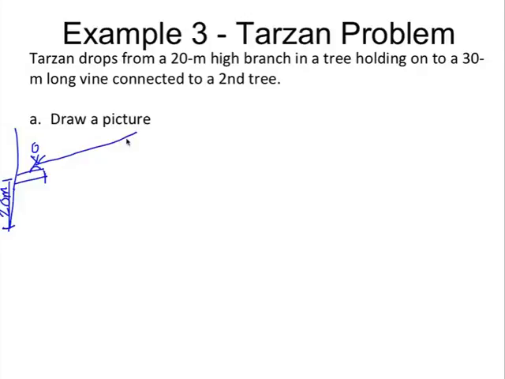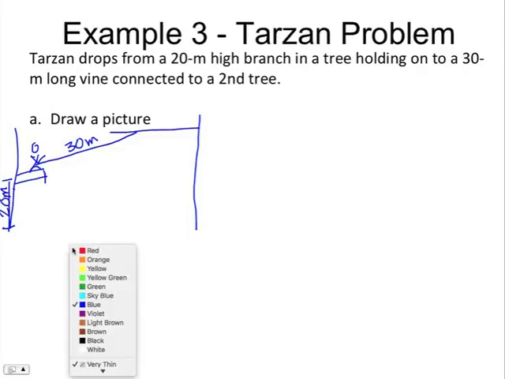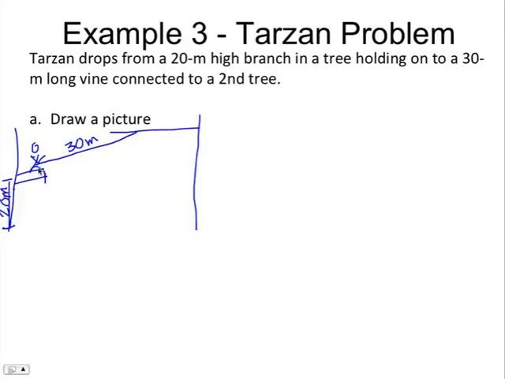The only thing we know about the vine is that it's 30 meters long. Okay, so it's connected to another branch. Let's change color. Tarzan is going to swing on the rope, and we're looking for a series of things.